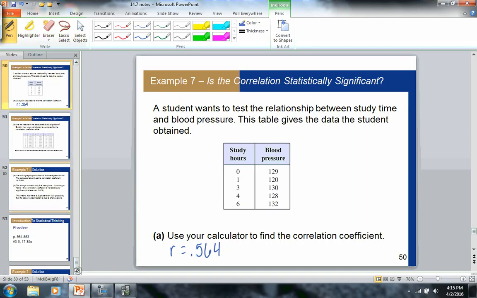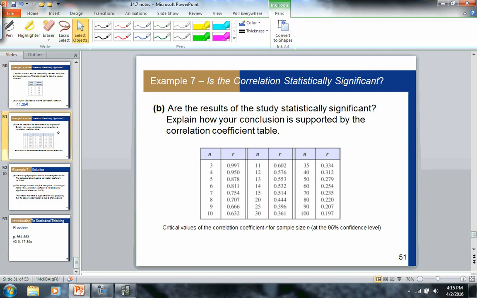Okay, and then the next thing it wanted us to find was whether or not that data is statistically significant. So, like I said before, for 5 data points, we need to have an R value of 0.878, and we didn't get that. So, no, it's not statistically significant.